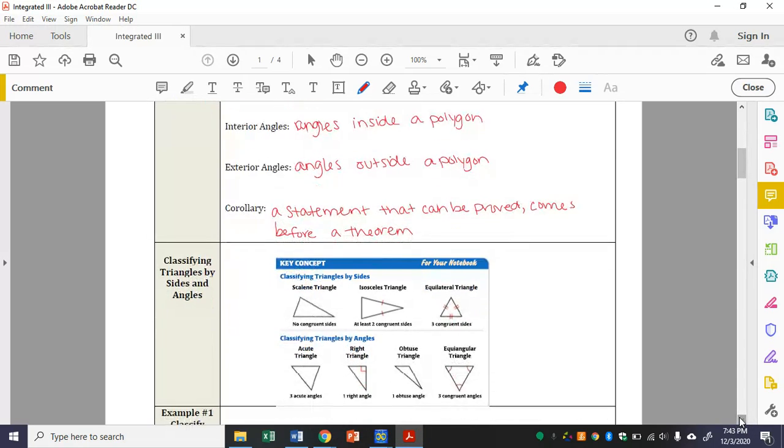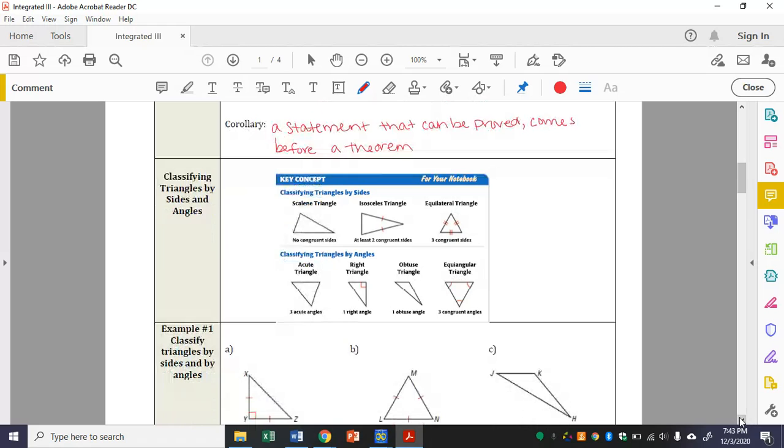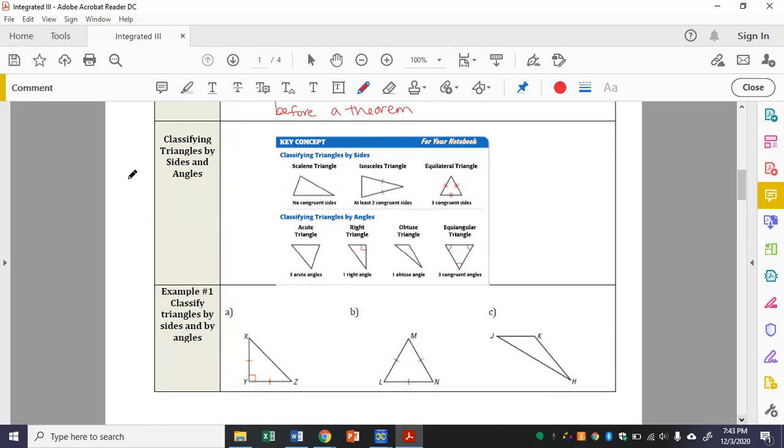So let's keep going. We jump back into the triangles. In this box here, we are classifying the triangles. We can classify them by their side lengths, or we can classify them by their angle measurements. If we classify them by their sides first, in a scalene triangle, none of the sides are congruent.